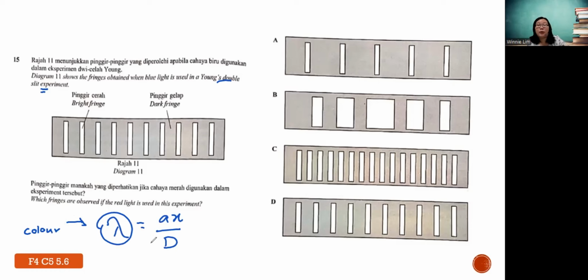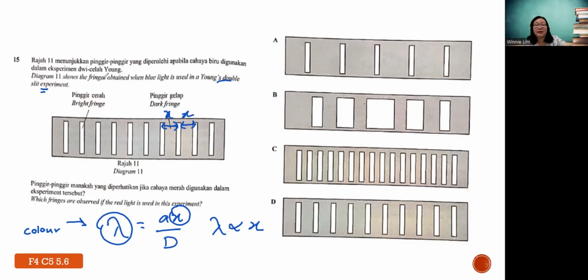Different colors will have different wavelengths. Now they want you to compare wavelength with x. x is the distance between the fringes, just between two bright fringes or between two dark fringes. So this is the idea of x. Therefore, you need to know the relationship between lambda and x. Basically they are directly proportional. And you need to know which color of light has the longest and shortest wavelength.